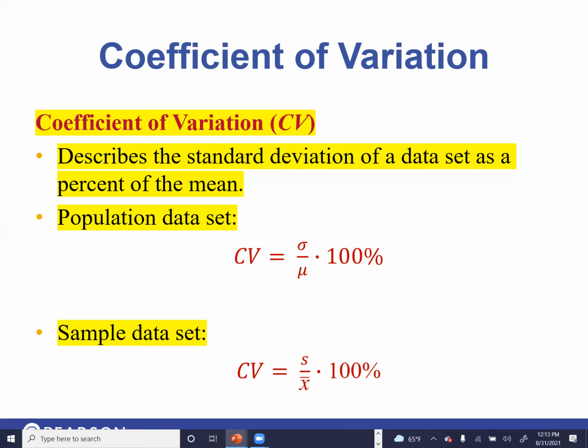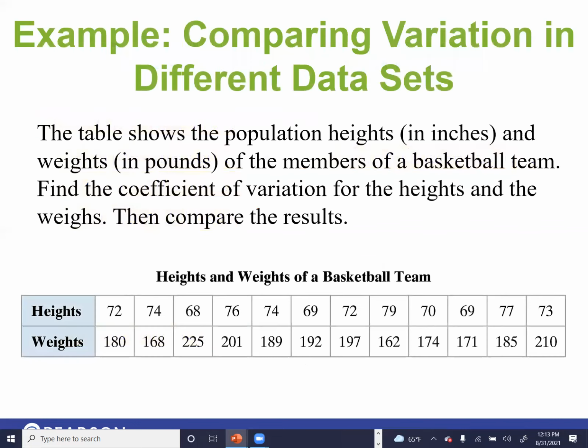Boom, here it is. Here's our little data set. So these are the heights and weights of a basketball team. First things first, is it a population or a sample? Population. It says so.